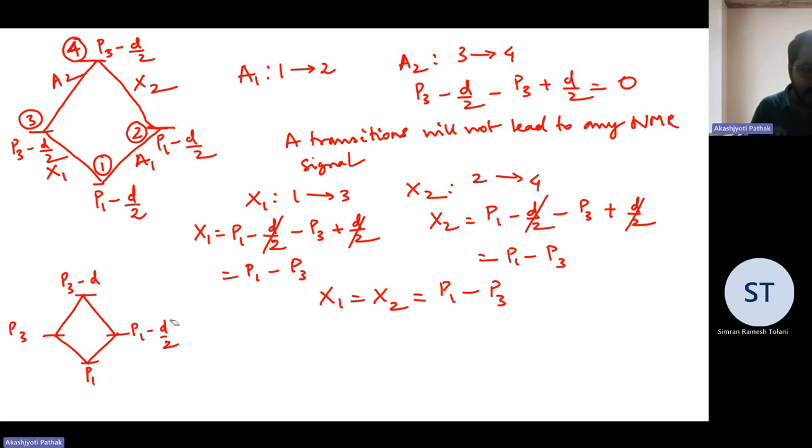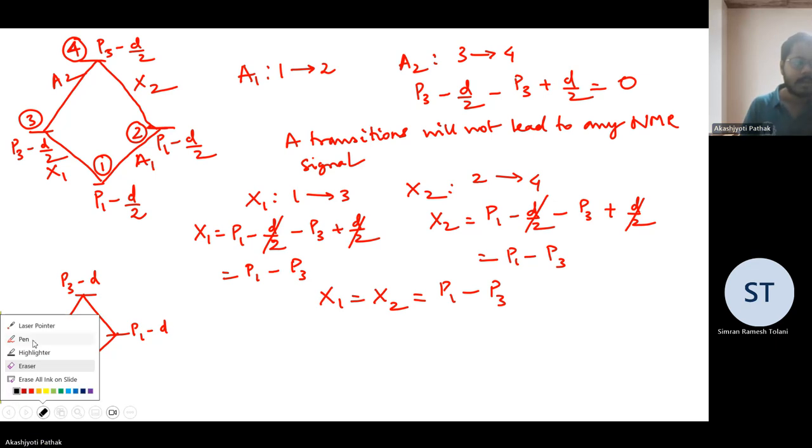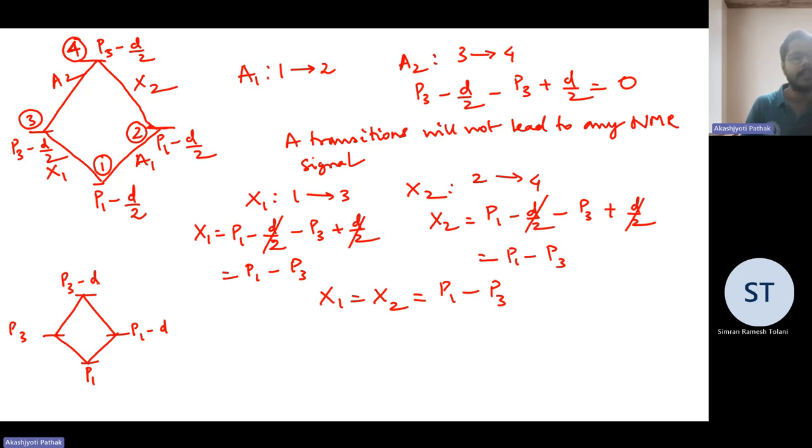So when the saturating pulse was not applied, then the higher energy level was deficient in the number of nuclei by D. So P1 minus D, and this other higher energy level is P3 minus D. Okay, so now this was the X1 transition and this is the X2 transition, right?